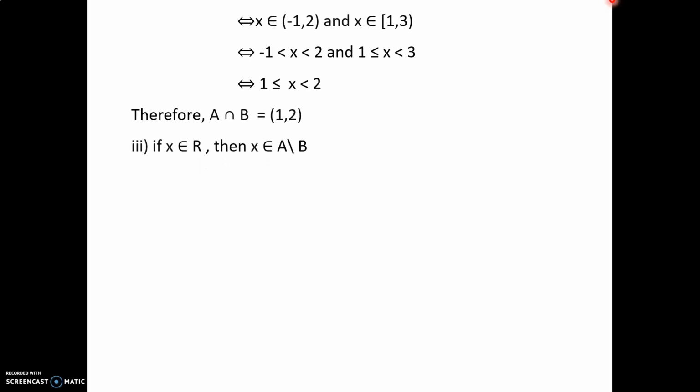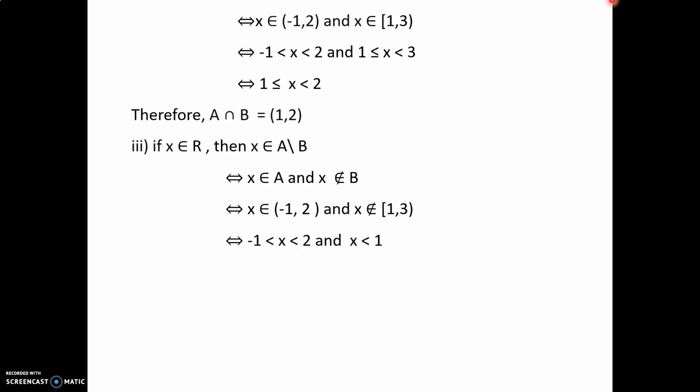Now we find the difference set of A and B. That is, x belongs to A and x does not belong to B. That is, x belongs to the open interval (-1, 2) and x does not belong to the semi-closed interval [1, 3).